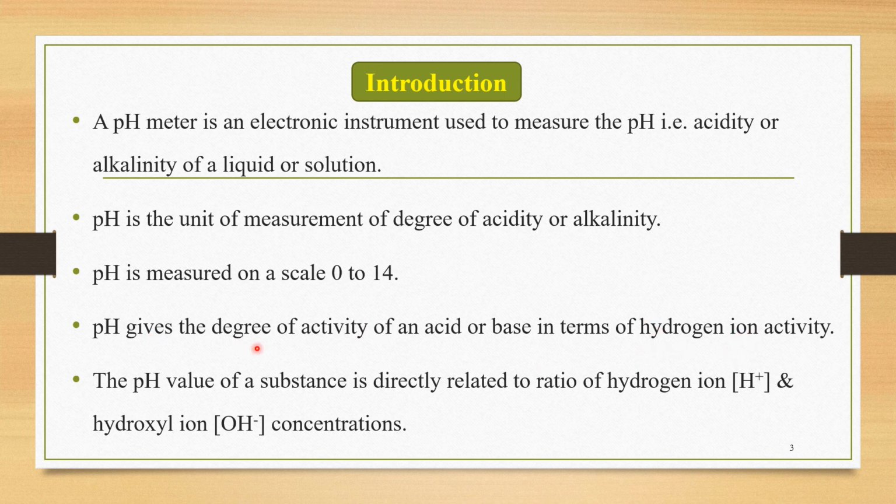The pH value of a substance is directly related to the ratio of hydrogen ion concentration, that is H plus ion, and hydroxyl ion concentration. So whenever we use the word pH, it gives a ratio of H plus ion concentration and OH minus ion concentration. So this pH value is very useful for the determination of the nature of a particular solution.